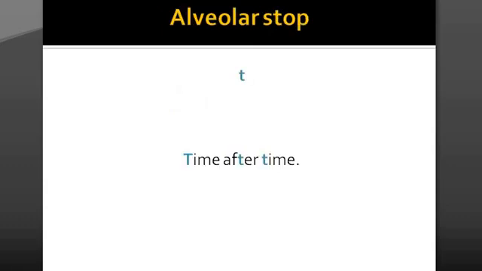So first let's do a sentence. Say this one with me. This is time after time. Time after time. That's another idiom. It means something that happens many times. It happened again and again and again, time after time.